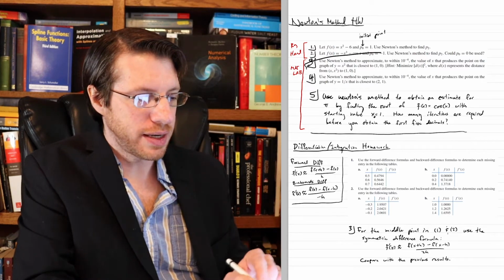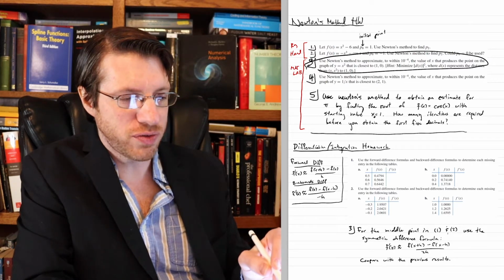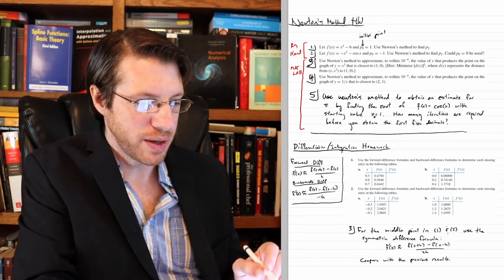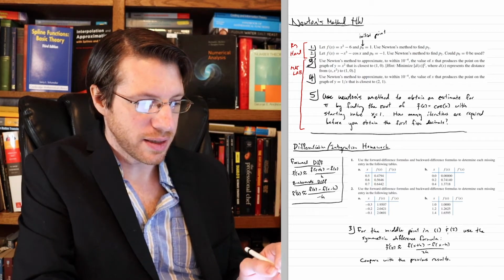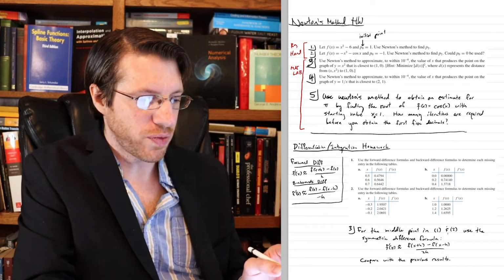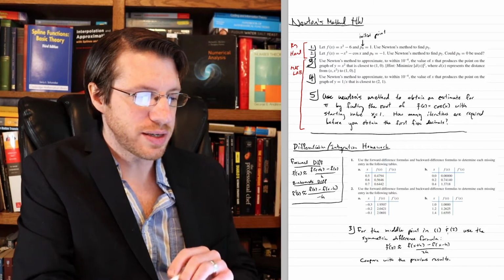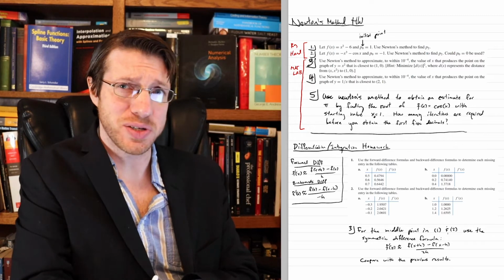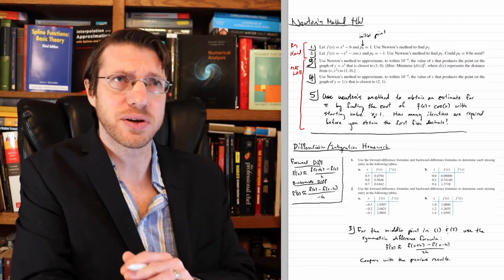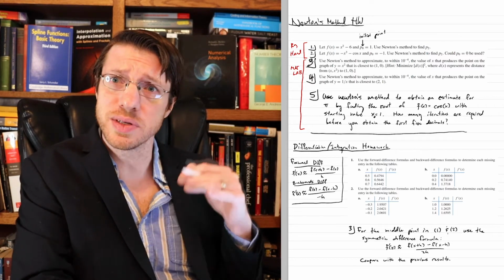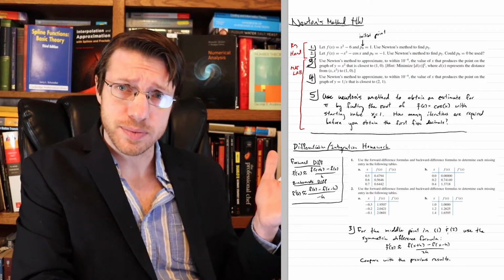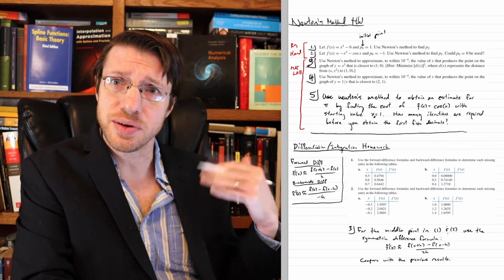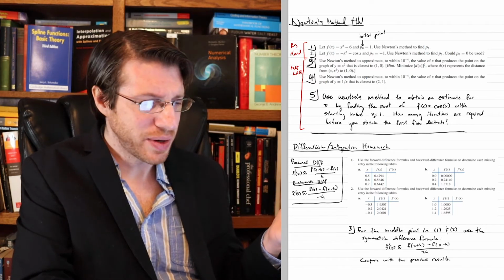The third one: use Newton's method to approximate within 10 to the minus 4 the value that produces a point on the graph of y equals x squared that's closest to (0, 1). I think this is actually straight out of calculus 1 or 2. In optimization problems, you would set this sort of problem up, set the derivative equal to 0, and then solve for the zero.